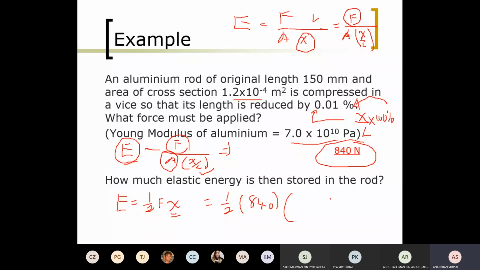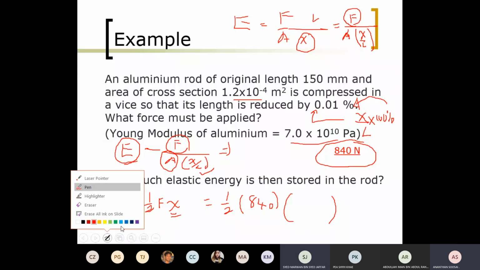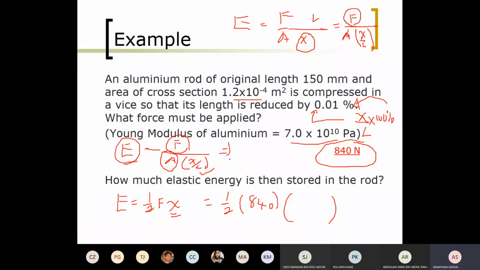But extension, okay, anyone, what is the extension you got? So let me do it on top. What is extension? Extension over the original length is found to be 0.01 divided by 100.